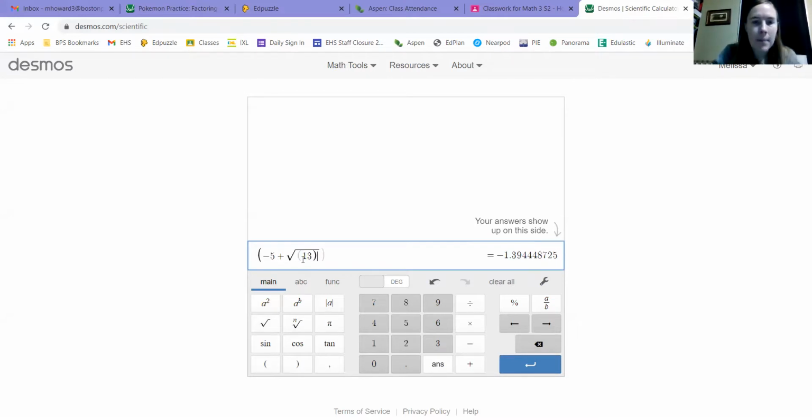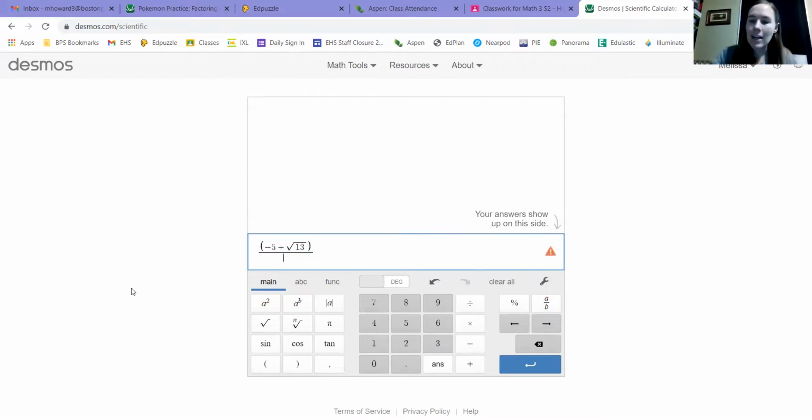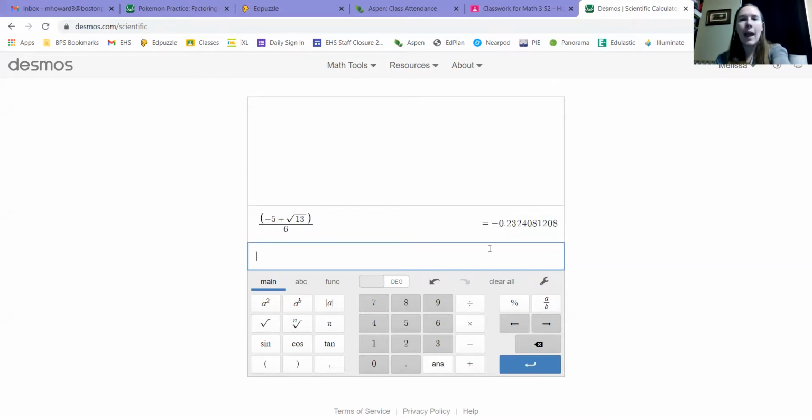And notice if I put my parenthesis now, it's going to be inside the square root. Make sure you're pressing the right arrow key to make the parenthesis on the outside of that square root, divided by 6. And that gives me my first x value. So you would have x equals negative 0.23. You only have to do 2 decimal places.